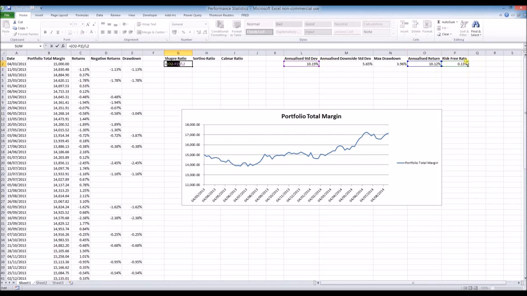It's taken away the risk-free rate, so we only analyze our risk-taking return, and then divided it simply by the annualized standard deviation. So a value of 0.98, when you compare it to industry, is okay, not that great. Generally, Sharpe ratios above 1 are considered good, and above 2 are very good or excellent.